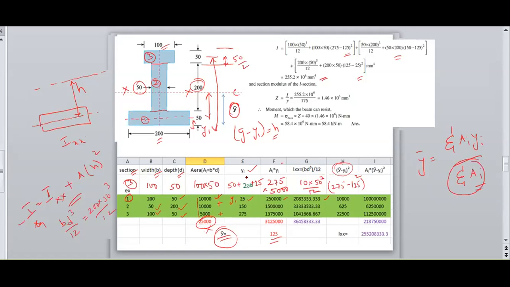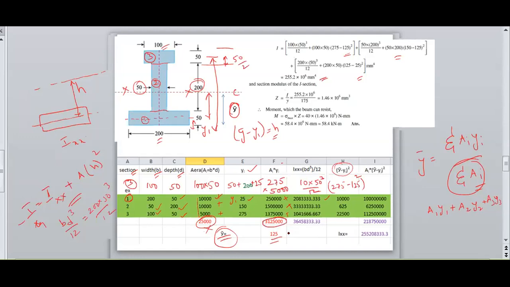Next, I need to multiply the area with y1s. So I need to add all this: a1 y1 plus a2 y2 plus a3 y3. Here I need all these values and I need to add all these things.